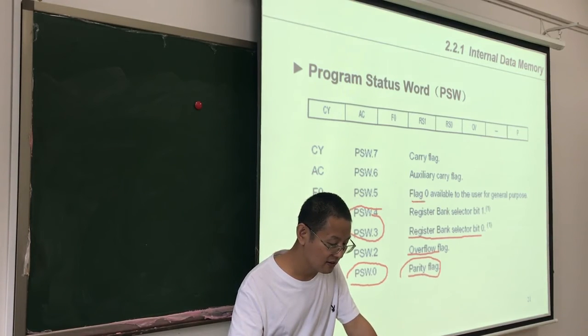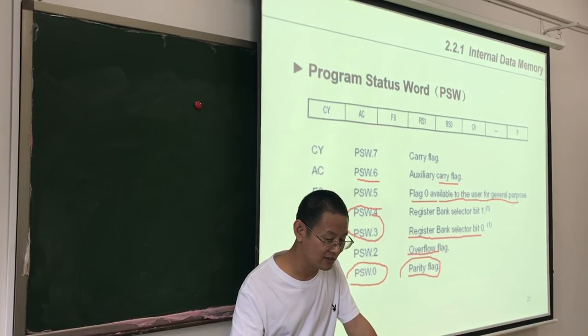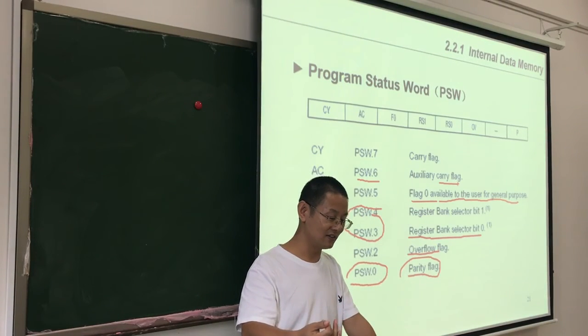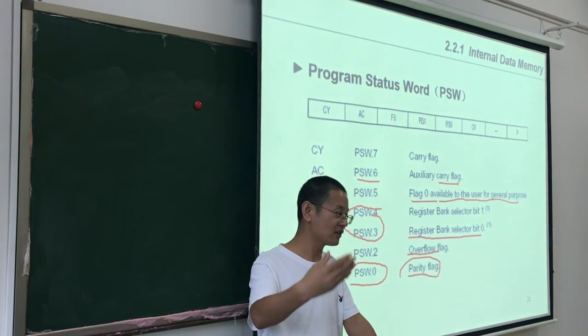Flag 0 is available for general purpose use. This is PSW.6, the auxiliary carry flag, which is just like the carry flag, if you carry one bit.